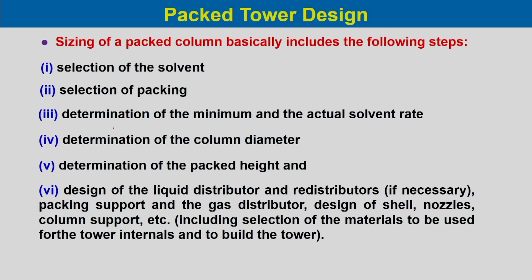So, based on that we need to select the packing material. Then determination of the minimum liquid rate or the solvent rate and then the actual solvent rate, which we have already discussed in the last class. Determination of the column diameter we have also discussed to some extent during the discussion of our equipment. Now, in this lecture we will primarily concentrate on the determination of the packing height.